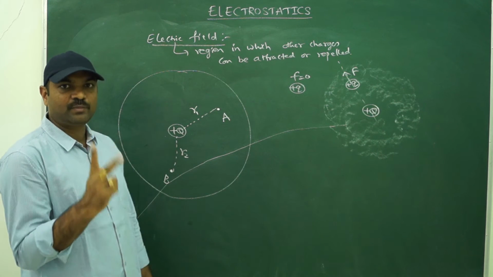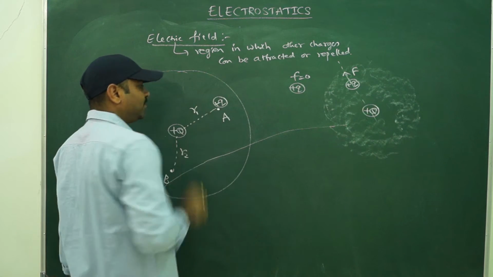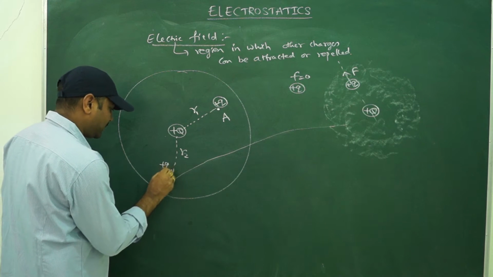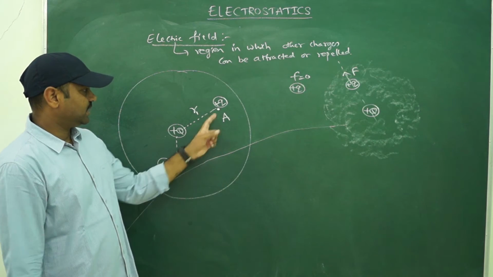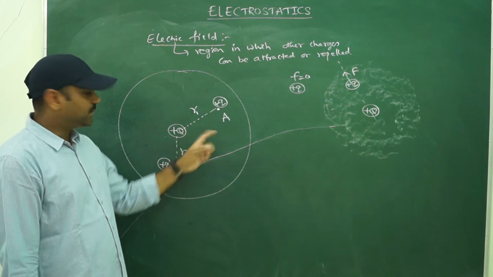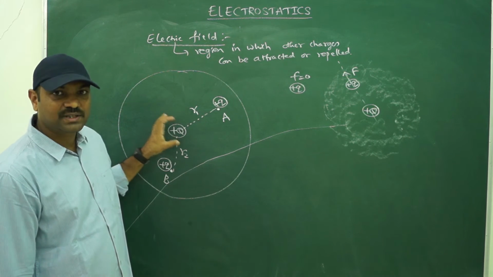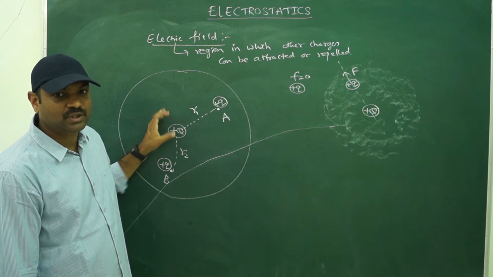I am taking two different points in the region. If I keep the charge plus Q at point A, it will be repelled. Even if I keep the charge at point B, it will also be repelled. This is the fixed charge, and we are finding the field due to this charge only. This is our reference charge, so we are calculating with respect to capital Q.